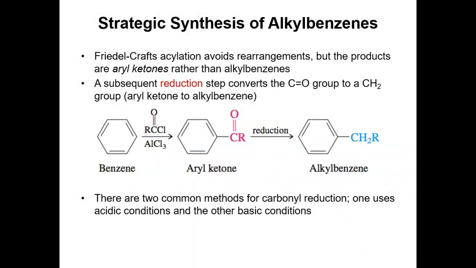This whole scheme shows your general strategy if you are asked to synthesize a primary alkyl benzene. First go through the acylation reaction, which gives you an aromatic ketone where a primary carbon is connected to the aromatic ring. Then you have to find a way to convert the carbonyl group to a CH2 group, and that is a reduction reaction.